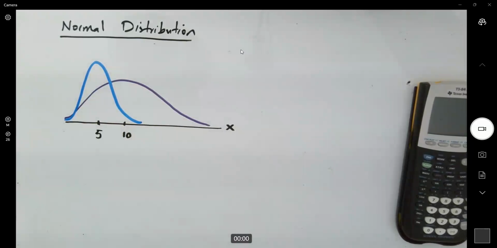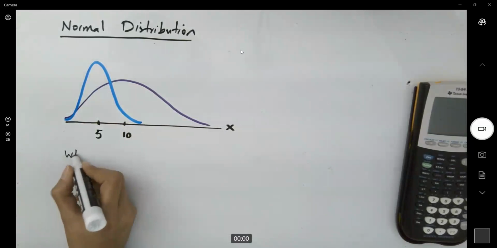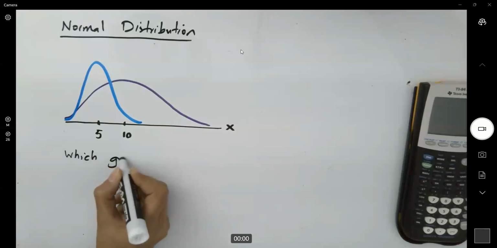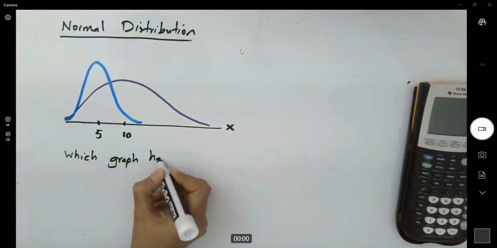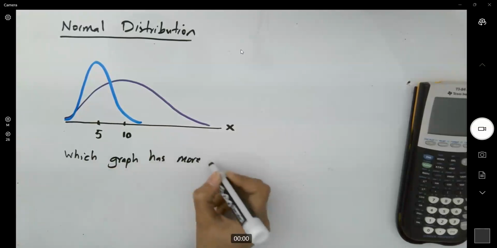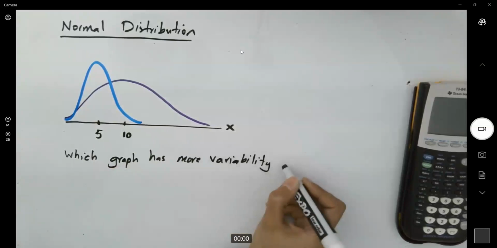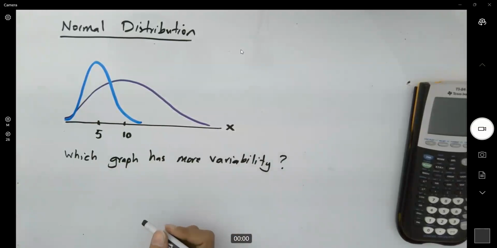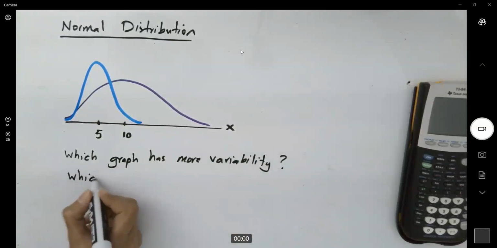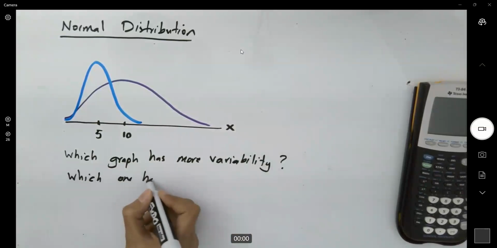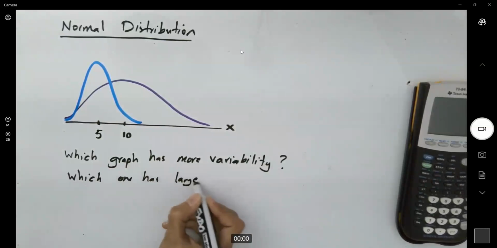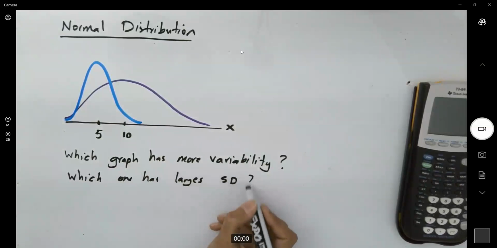So my question is, which graph has more variability? Which one is more varied? What's the meaning of that? Which one has a larger standard deviation?